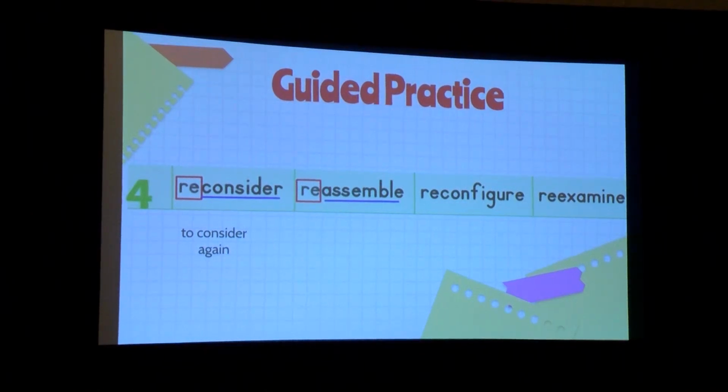Okay. So for reassemble, our base word is assemble, the prefix means again, so to put together again or to assemble again. And a lot of times the students like the word assemble. We know that the word is assemble again, but they may not know exactly what assemble is. So that's where us as teachers will have to go through and develop that vocabulary.